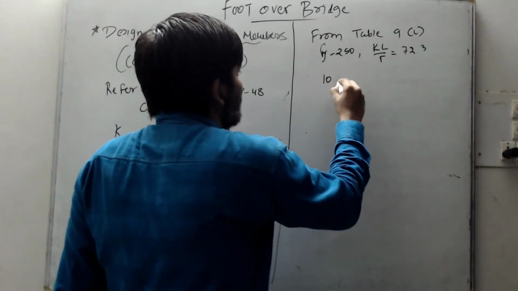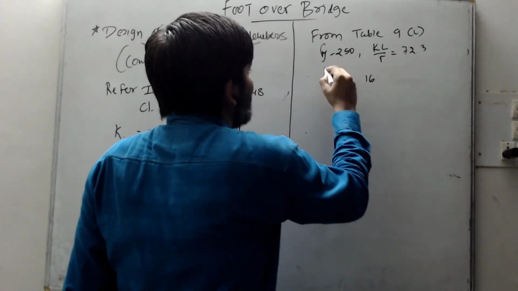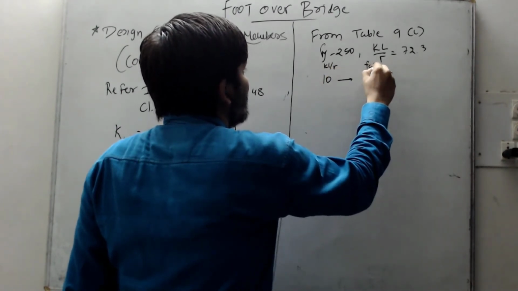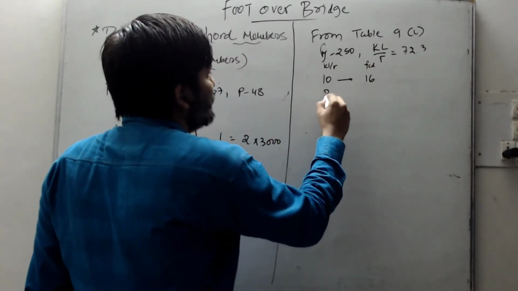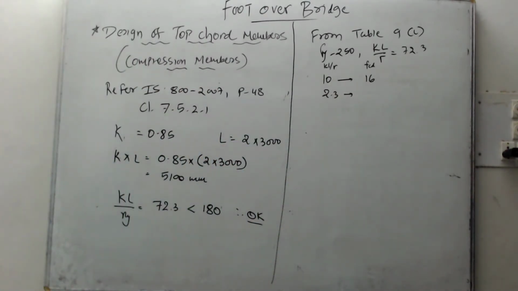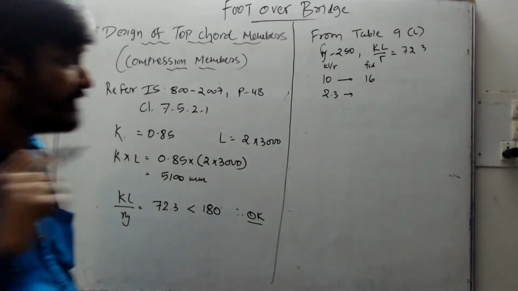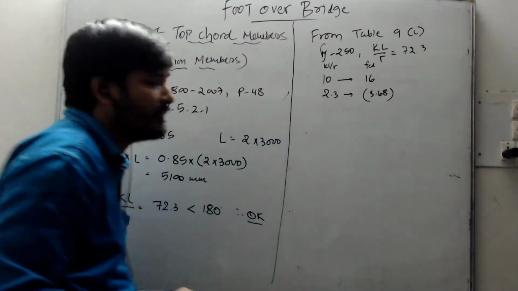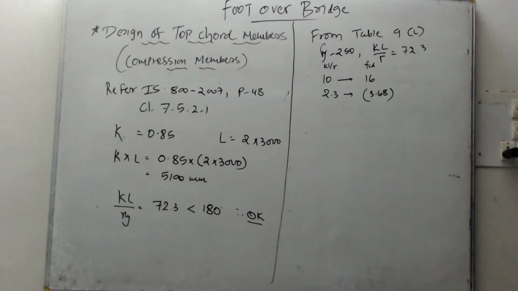This is KL upon r and this is the fcd value. So I want a difference of 2.3 after 70. So what should be the difference? I am getting this difference as 3.68. This is simple interpolation, so I am not going into much detail of this interpolation.